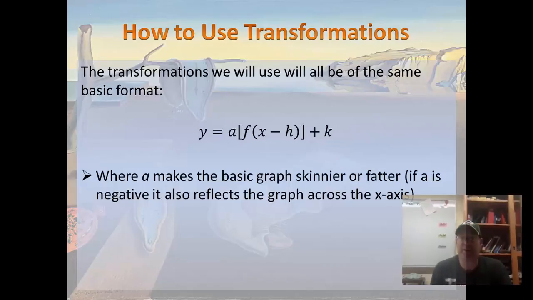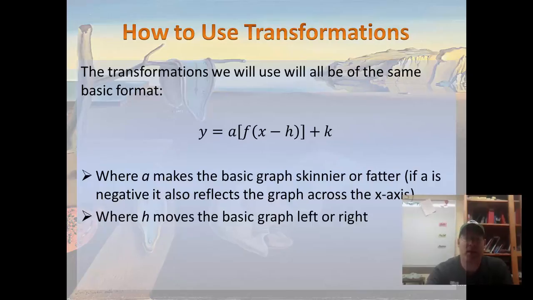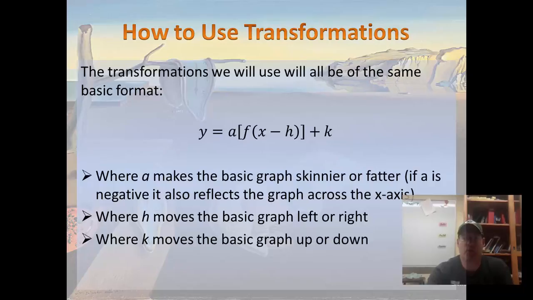A makes it skinnier or fatter, and that's going to be on video 2. A negative on A also affects it, and we'll talk about that later. H moves the graph left or right. K moves the graph up or down. So we're going to be dealing with that H term and that K term in this video.